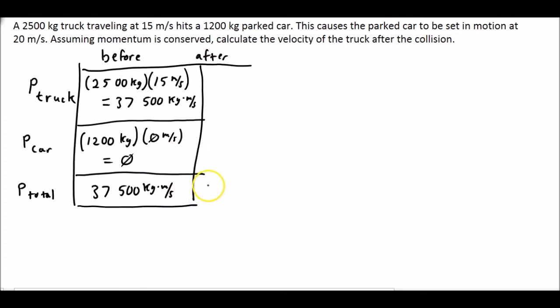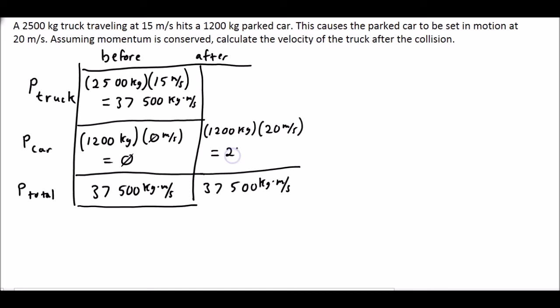After, we know that momentum is conserved, and so the total momentum will still be 37,500 kilogram meters per second. The momentum of the car will be its 1,200 kilograms times the 20 meters per second that it's moving at now.